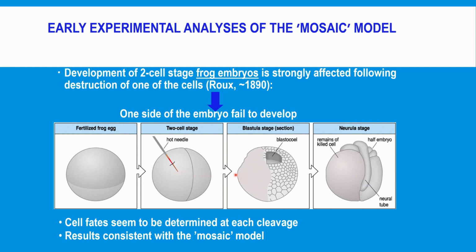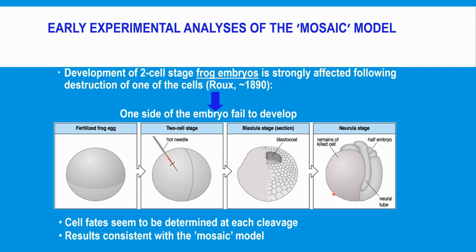They saw that development progressed as normal for the untouched cell. With the remains of the dead cell beside it, we got the development of the blastula, and even to the neurula stage, we had a half-formed embryo with still the remains of this dead cell.